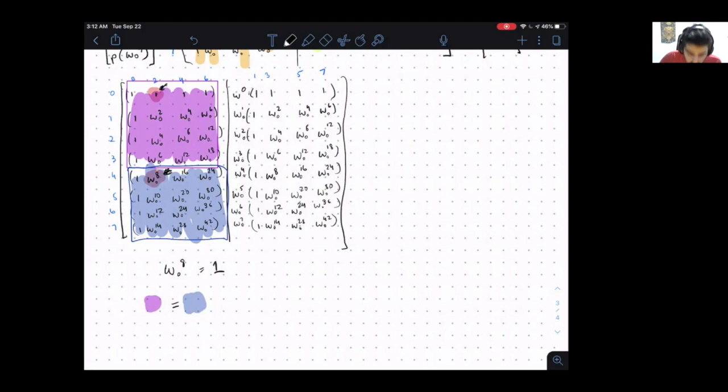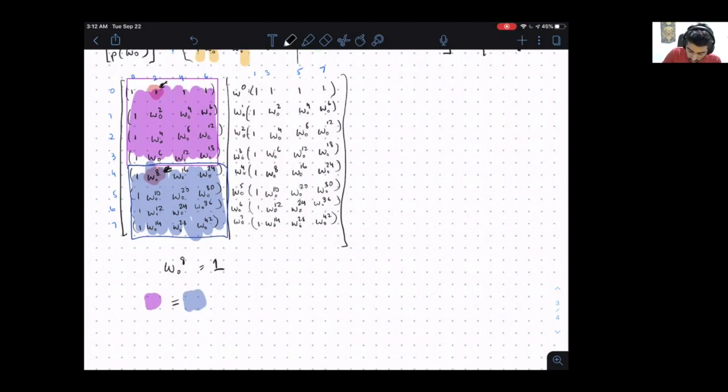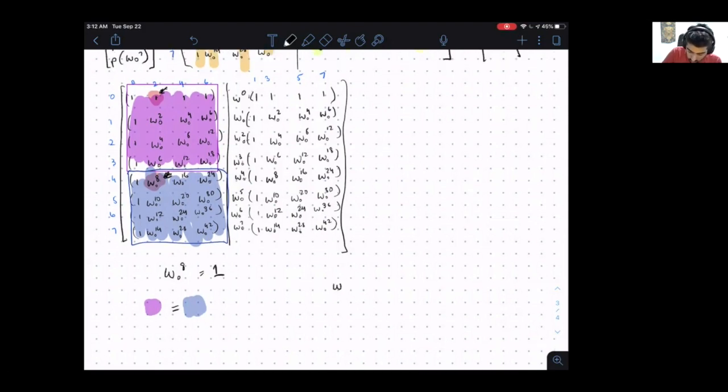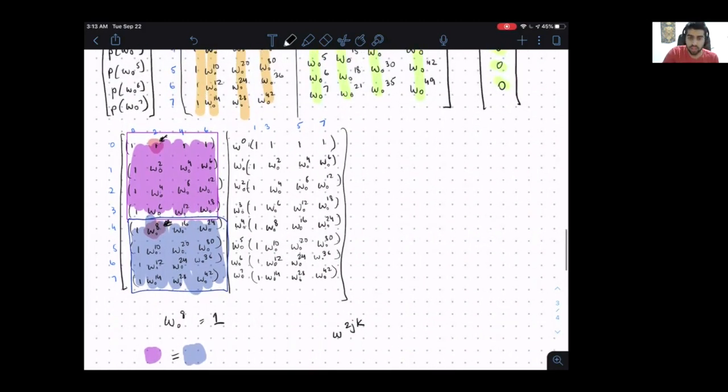So instead of taking any specific two elements, I'm just going to take two elements in general. So let's say we have omega to the 2jk. The reason why we can take 2jk is because we know that in the left half of this matrix, all of these columns are of the form 2 times k, because these are, again, the even columns, 0, 2, 4, 6.